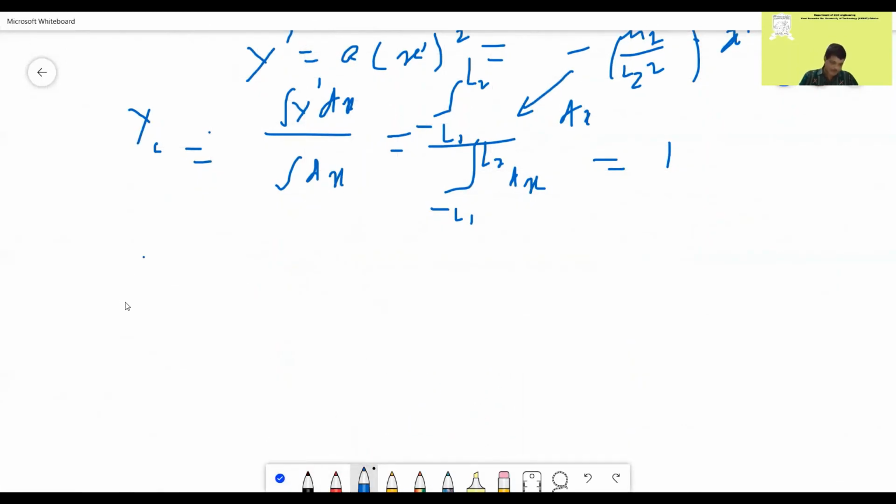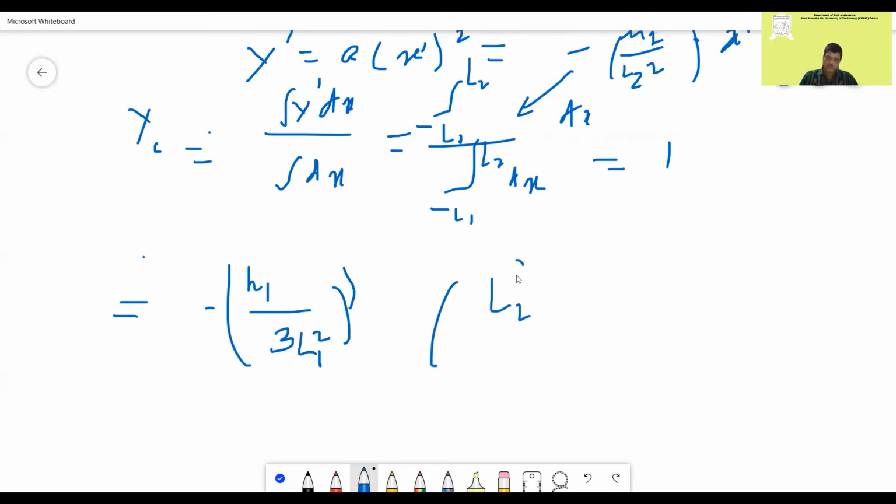This will come as minus H1 by 3L1 square, multiplied with L2 cube plus L1 cube divided by L2 plus L1.